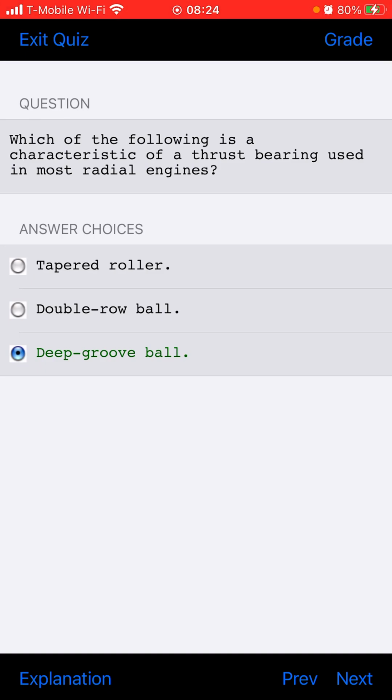A rebuilt engine is considered to have no previous operating history and can therefore be issued a zero-time record.